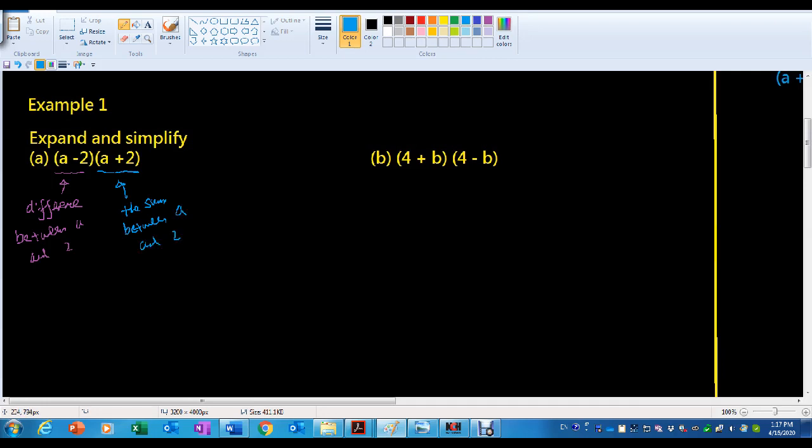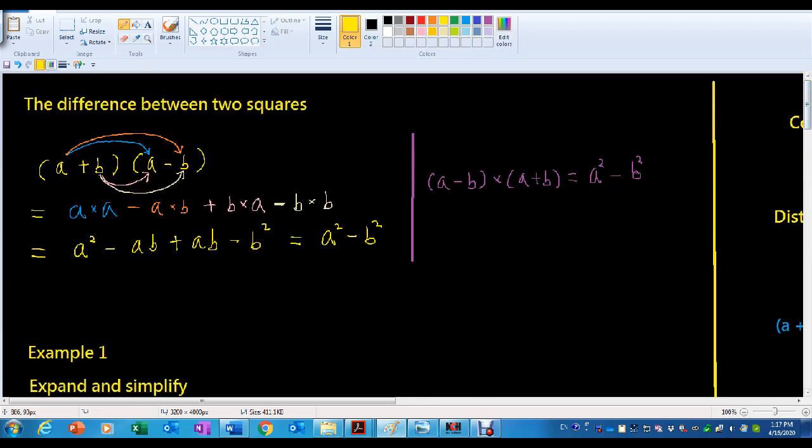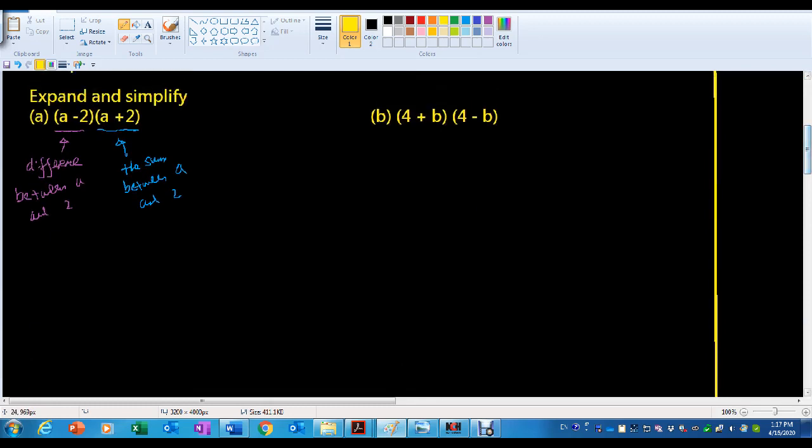So we can use the above result. You just write a minus 2 times a plus 2 equals the square of the first term, which is a, take away the square of the second term. Then simplify that a little bit, and that will give you the answer.